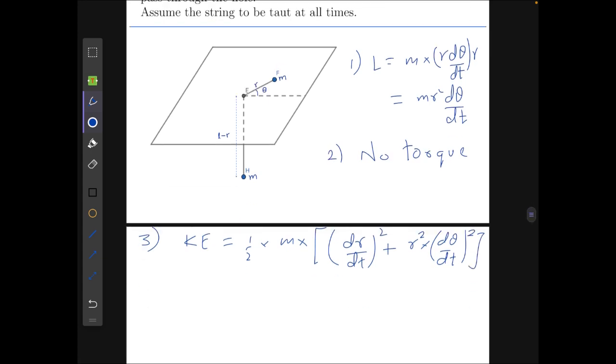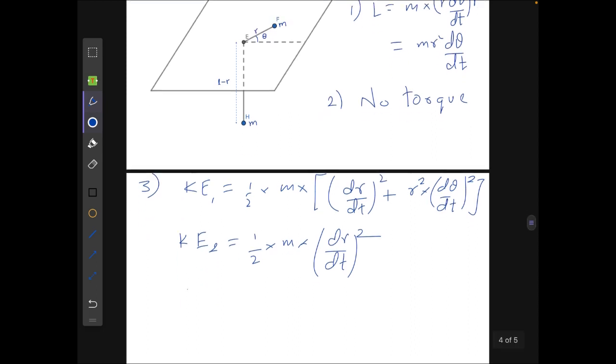And similarly the kinetic energy for the particle which is hanging, KE2, will be half times m times dr by dt whole squared. Now the gravitational potential energy for the particle on the table will be a constant. It won't change in this motion. And for the particle 2, it can be written as U2 equals some constant minus mg(l minus r).